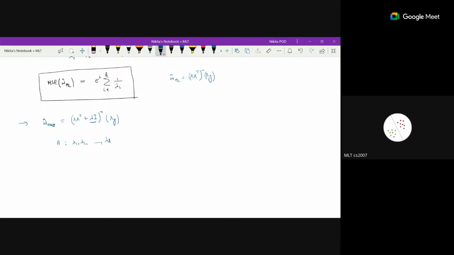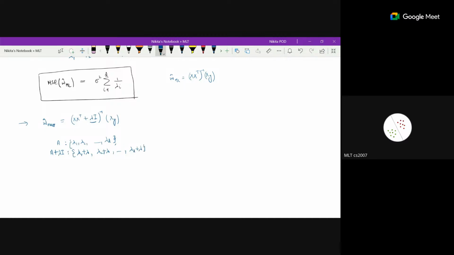Now we know that if we add a constant, lambda I, to this matrix, all the eigenvalues will also get this lambda term added. So the eigenvalues would be lambda 1 plus lambda, lambda 2 plus lambda, and so on to lambda d plus lambda.